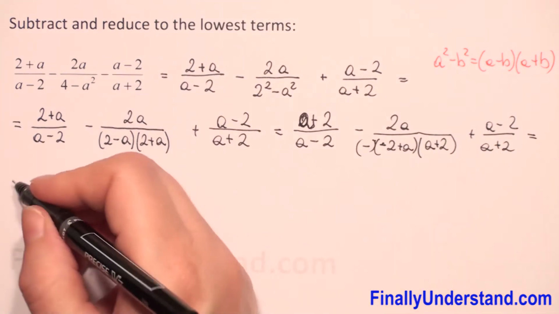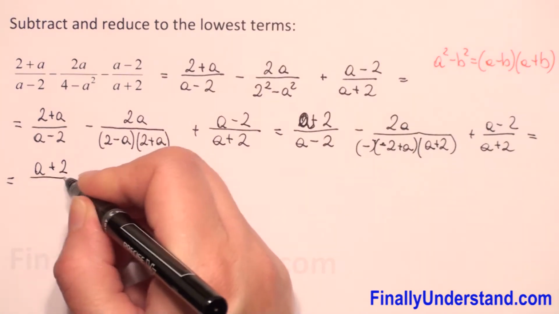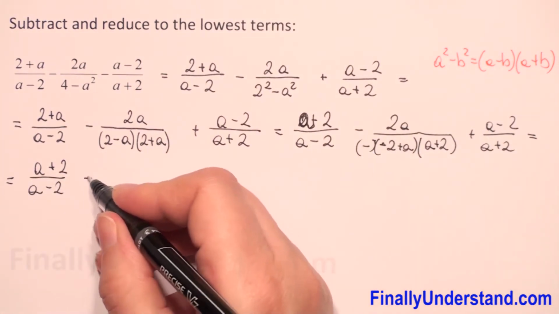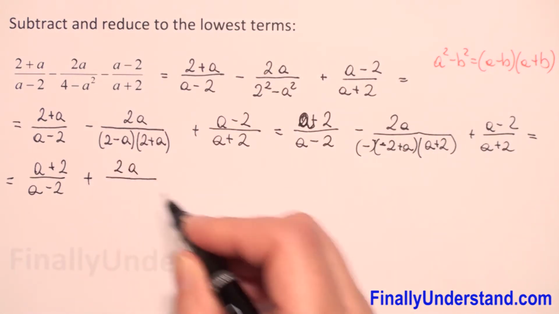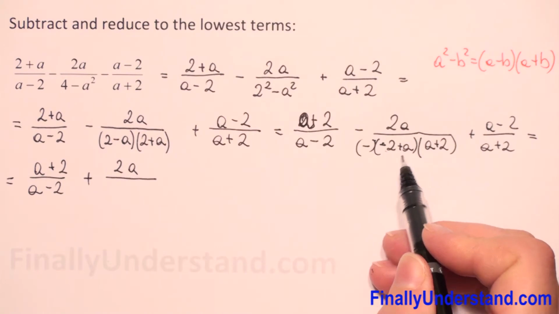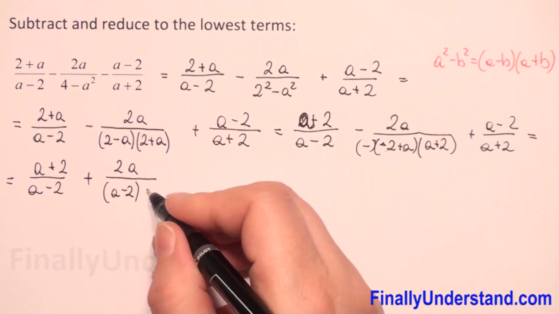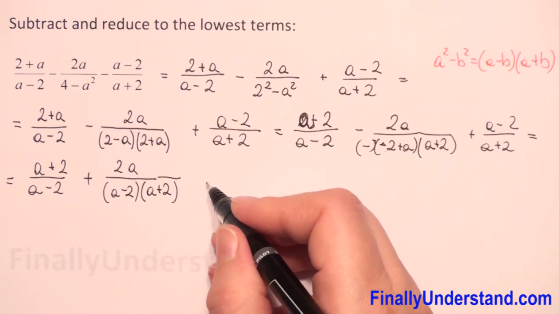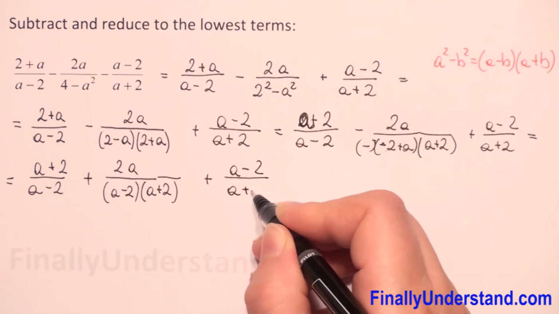So this is equal. First fraction we will copy, and negative and negative give me positive, and we will have 2a over a minus 2, times a plus 2, and the last fraction a minus 2 over a plus 2.